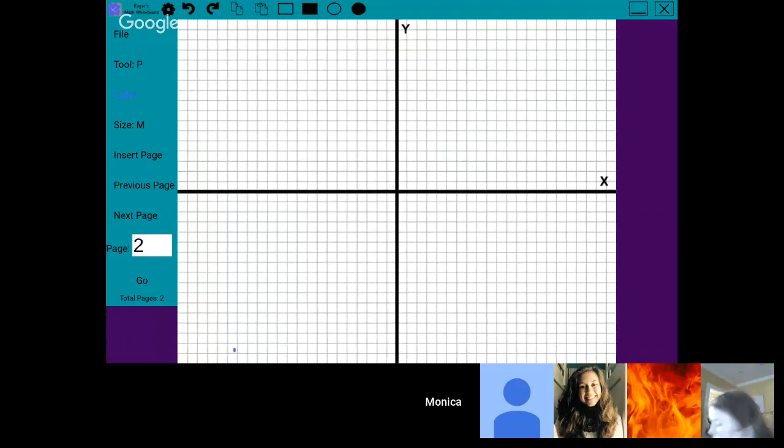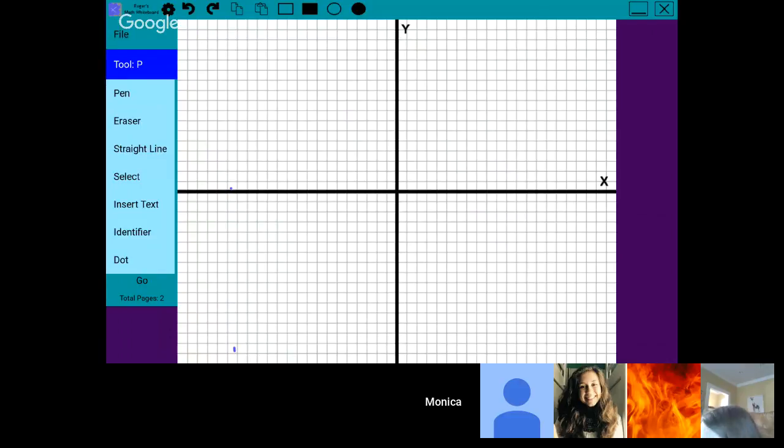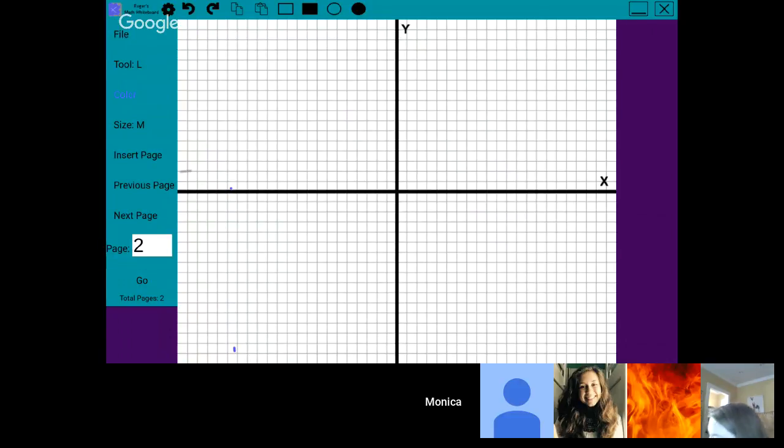If we graph y equals 2, that's going to be here, okay? And then if we need a perpendicular line that passes through the point -2, 6, okay?